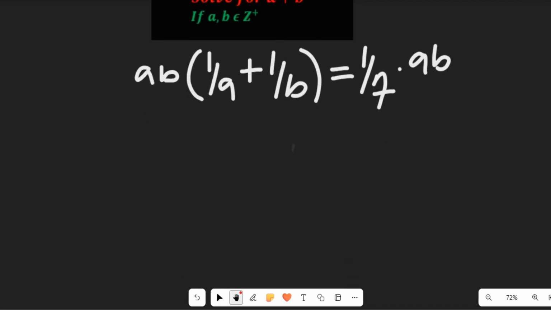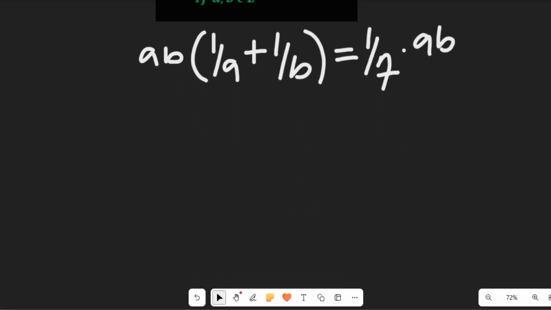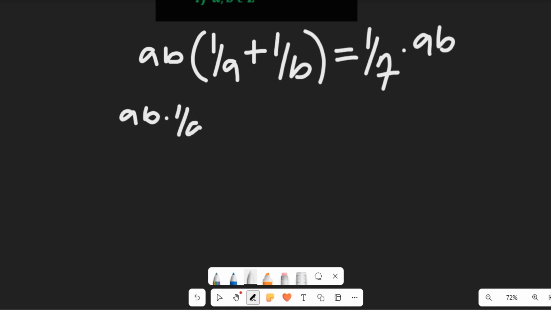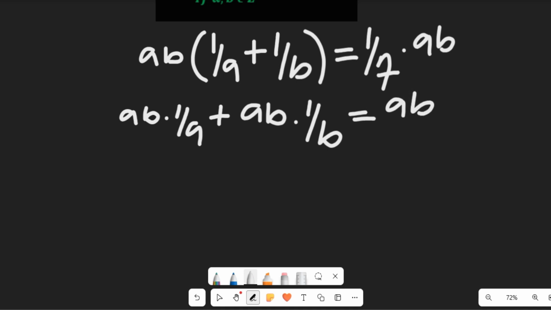Now remember, whatever you do to the left hand side, you always do to the right hand side. So if we simplify this, ab multiply 1 divided by a plus ab multiply 1 divided by b, and this will be equal to ab divided by 7.